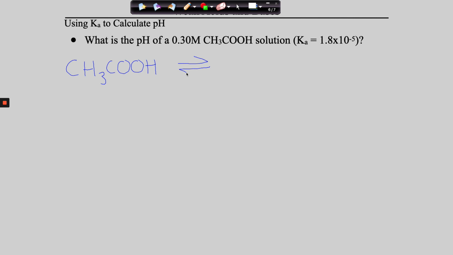Now, what are we going to put first, the hydrogens or the acetates? The acetates. Always conjugate base first, and then our protons. I love teaching this part. This is pretty cool. You're going to like it. Okay, now we need an ICE box.